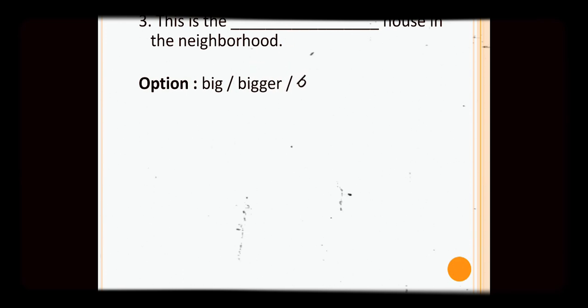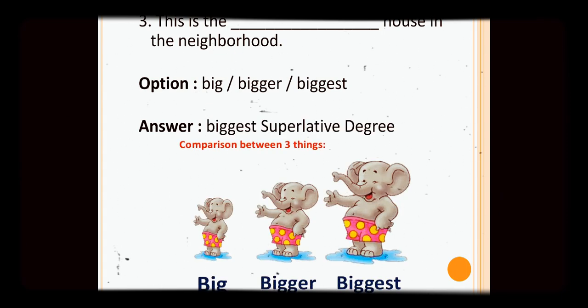Let us try to understand the third question. This is the dash house in the neighborhood. So here the statement shows the houses compared in the whole neighborhood. So what will be the answer? The answer is biggest, superlative degree.